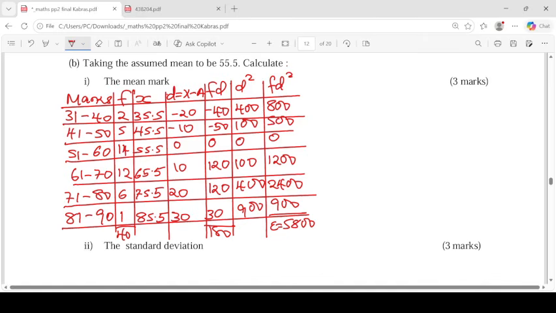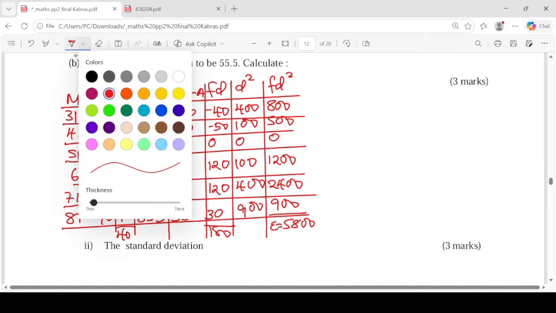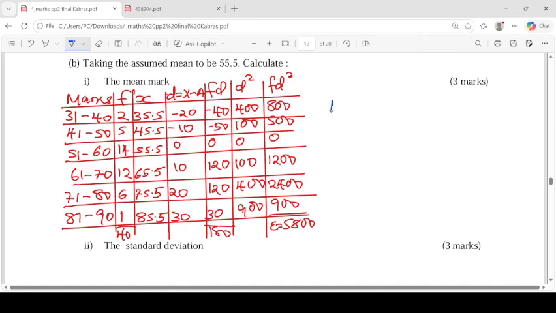Now after this, I can come and calculate my mean, because now I'll say mean is equal to assumed mean plus summation of FD over the summation of F. So my assumed mean here is 55.5 plus the summation of FD, which is 180, I divide this by 40.